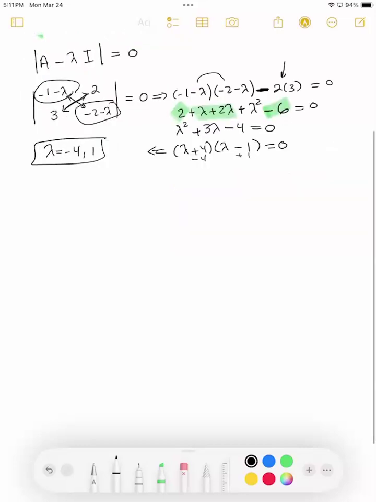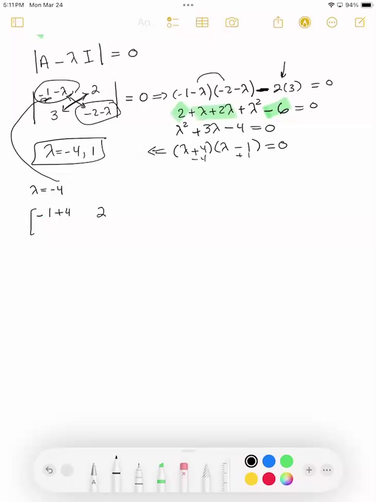Once you get your lambda, the next step is you say, okay, lambda is -4. Let me find the corresponding vector for lambda equal to -4. Since you never had linear algebra, these are steps that you just have to follow. So you find your lambda. You say if lambda is -4, I'm going to substitute it here. So you get -1, negative, negative, makes that positive.